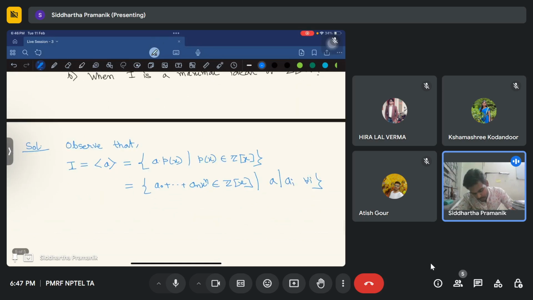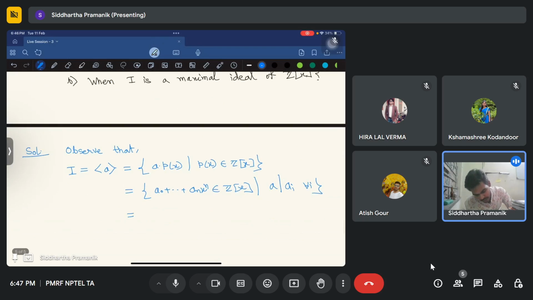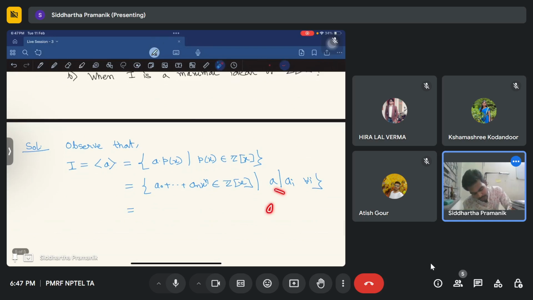So by using the earlier approach, this can be written as: coefficients are divisible by a. That means ai must belong to the ideal aZ, right? So this is in fact the ideal aZ[x].